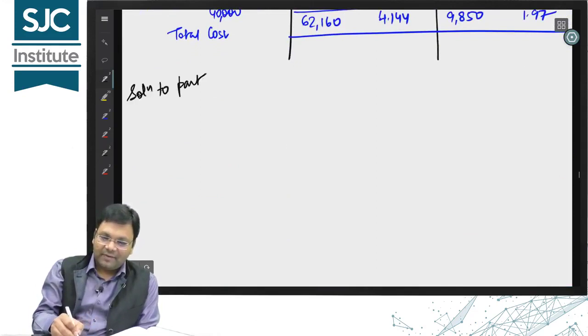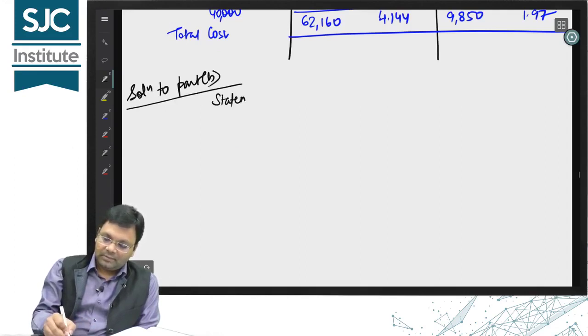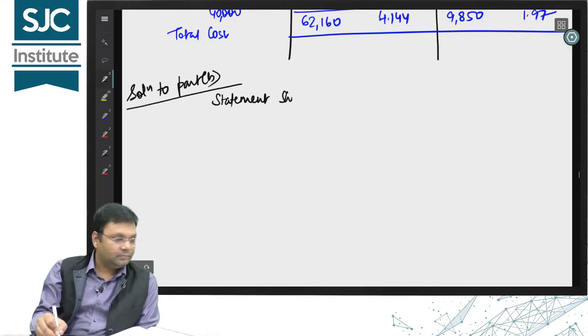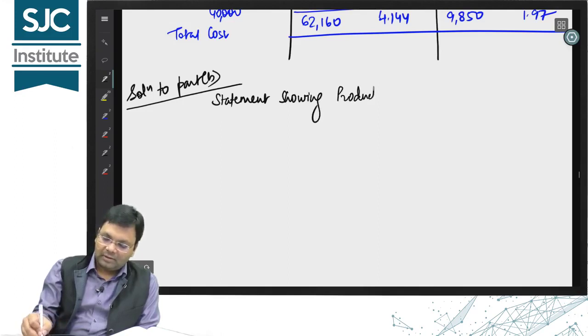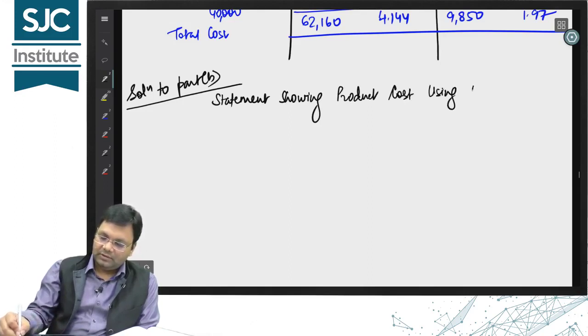Now we are coming to part B. Statement showing product cost using ABC.